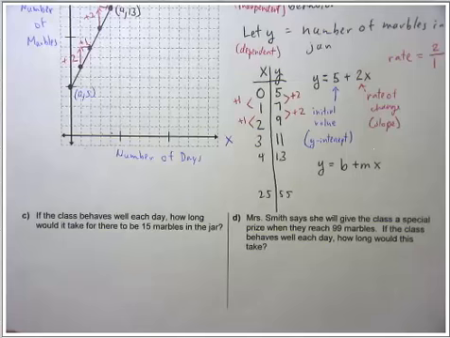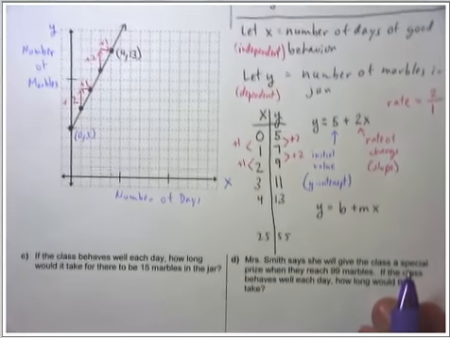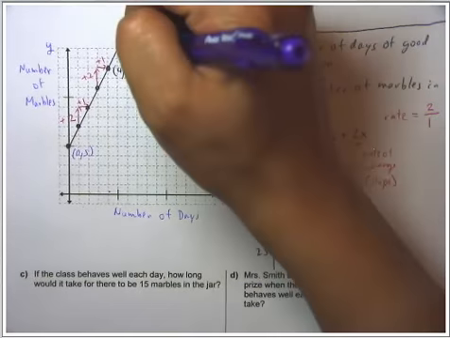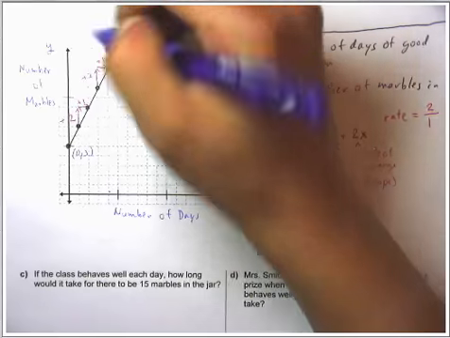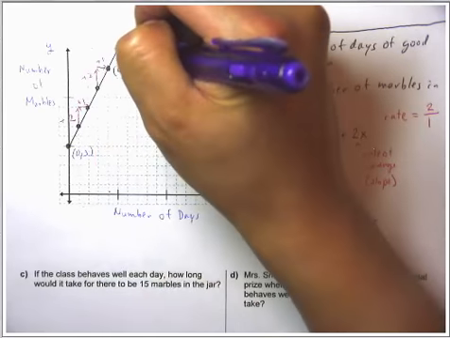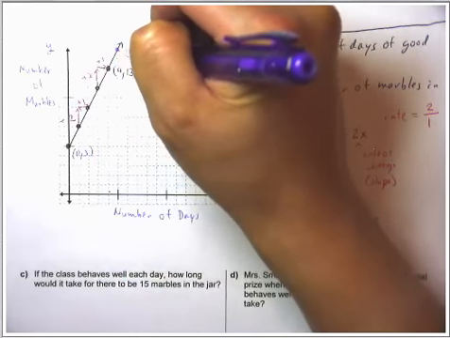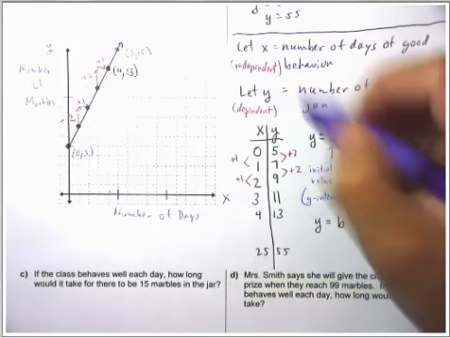C. If the class behaves well each day, how long would it take for there to be 15 marbles in the jar? Well, we can just look at our graph here and see that it goes through this point. It's going to reach 15 marbles on day 5. This is the point (5, 15).